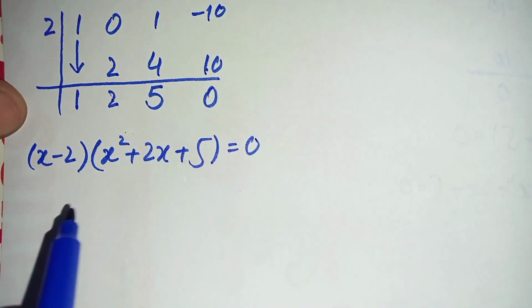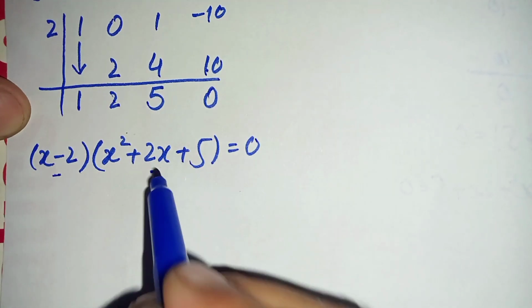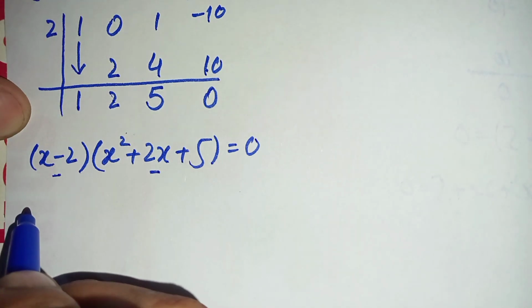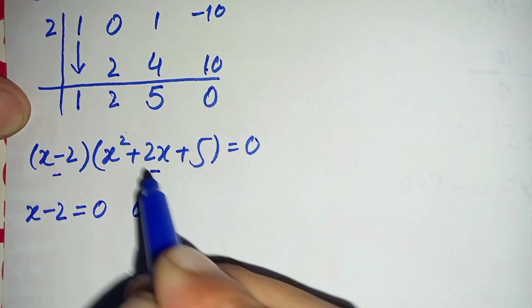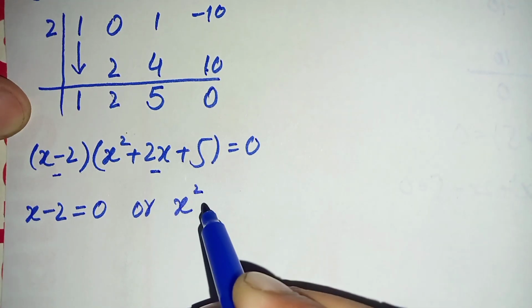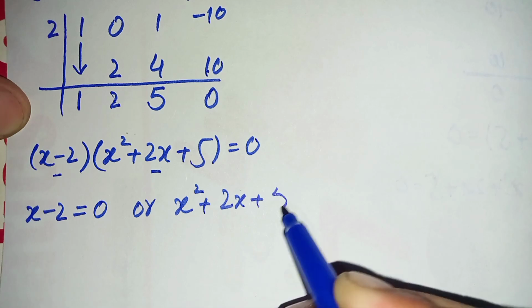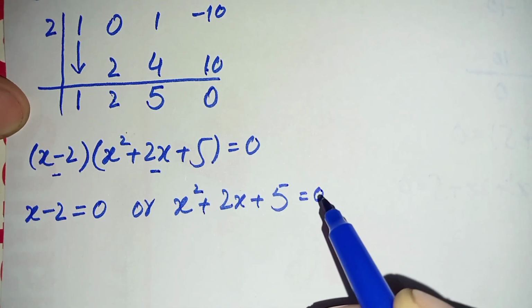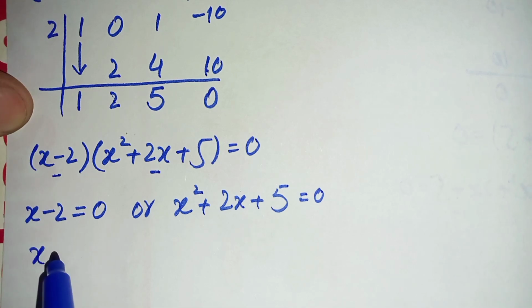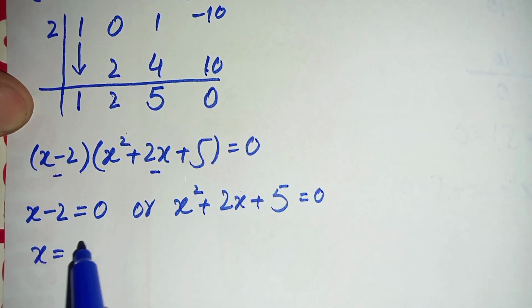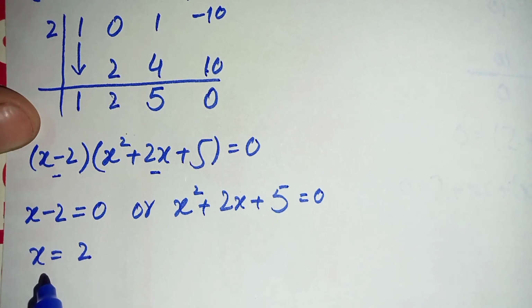Here the product of these two expressions is 0. So here either this expression will be 0 or this one will be 0. So from here we will get two equations: x minus 2 is equal to 0, or x square plus 2x plus 5 is equal to 0. Now here first we will solve this one equation. So here we will move this 2 to the right hand side, so it will become plus 2. Now here our target is not to find the value of x.